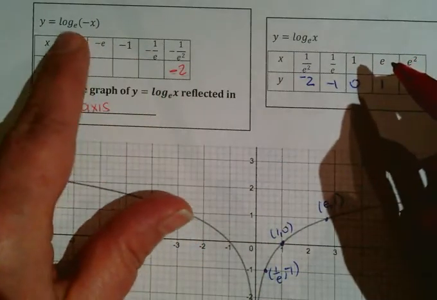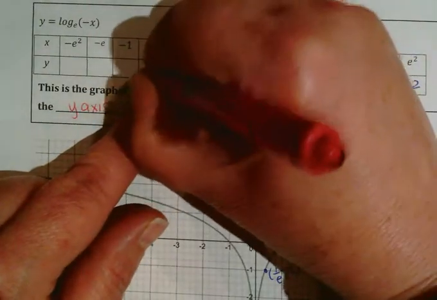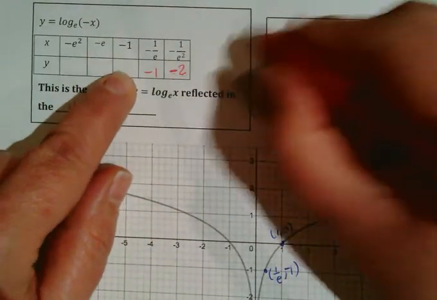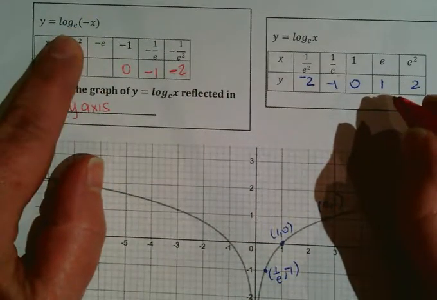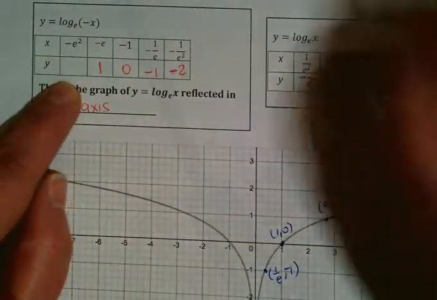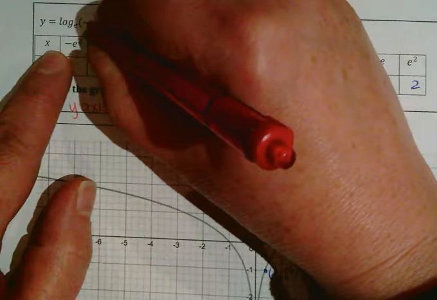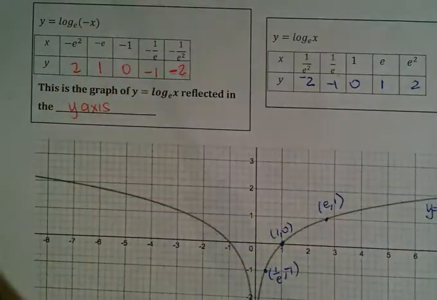Log to the base e of negative 1 on e will just be the same as 1 on e, which is negative 1. Negative 1 is positive 1, so that gives you 0. Negative e is the same as log to the base e of e, which is 1. And log to the base e of negative e squared gives me e squared, which is 2.